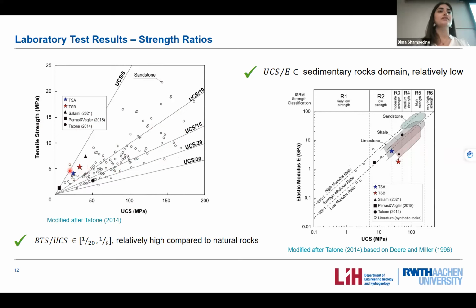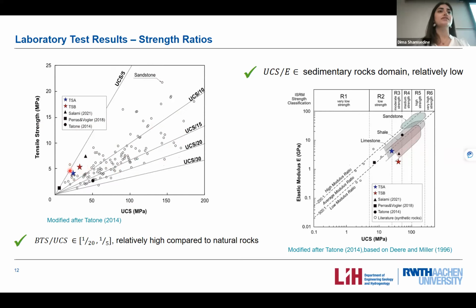And now these laboratory test results are of the samples undergoing triaxial compression. We can see here, so this graph represents on the x-axis, the confinement pressure applied to the samples.